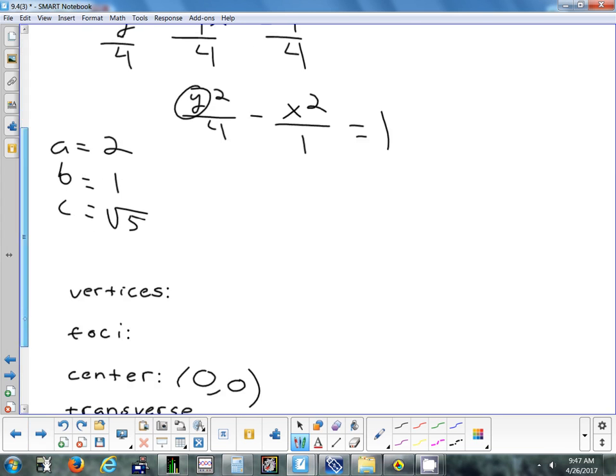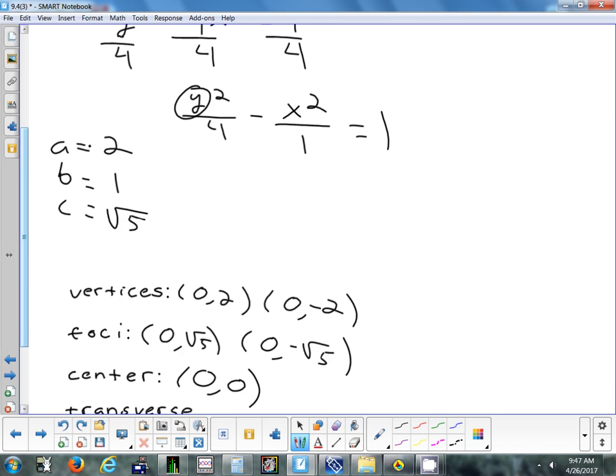What's 2 units above the center? 0, 2. And what's 2 units below? 0, negative 2. The foci are going to be square root of 5 units away from the center. So what would be the coordinates for that? 0, square root 5, 0, negative square root 5.